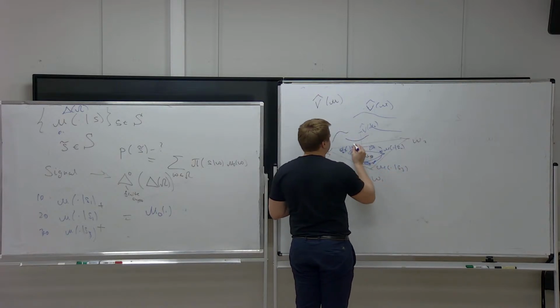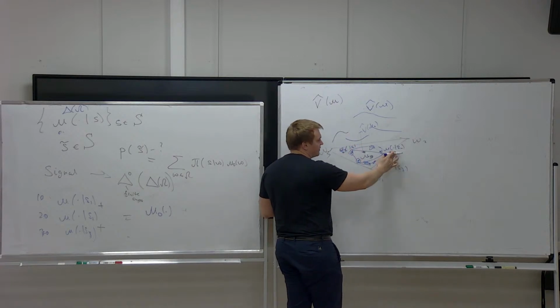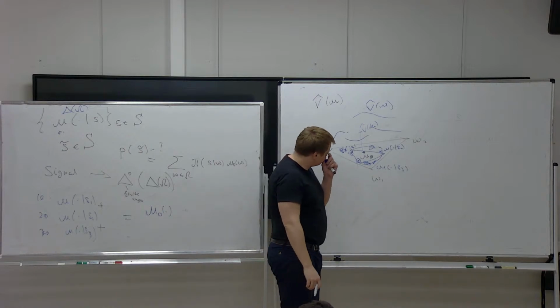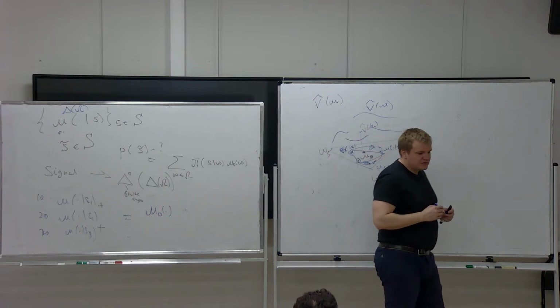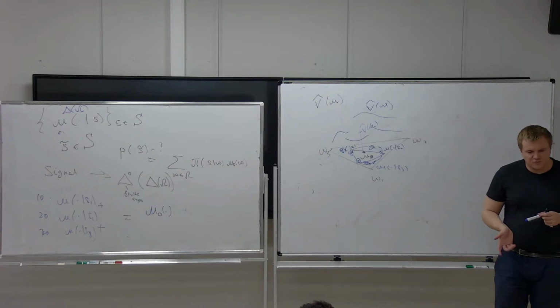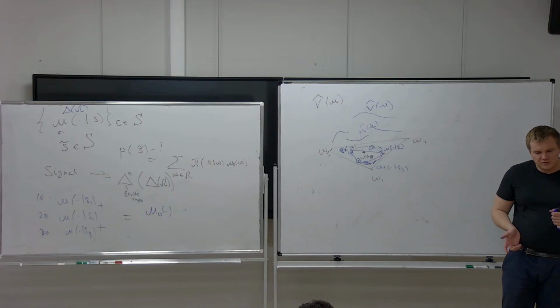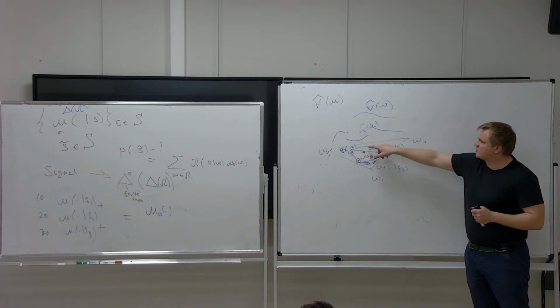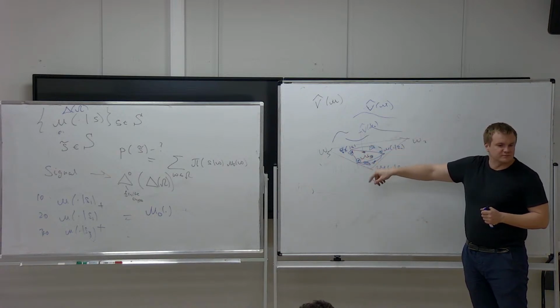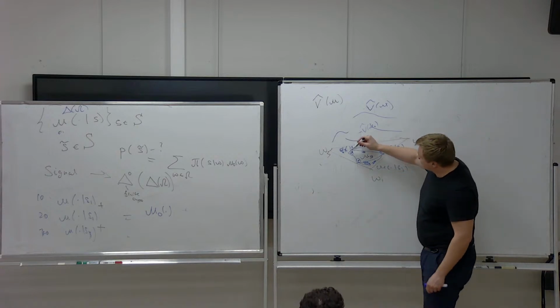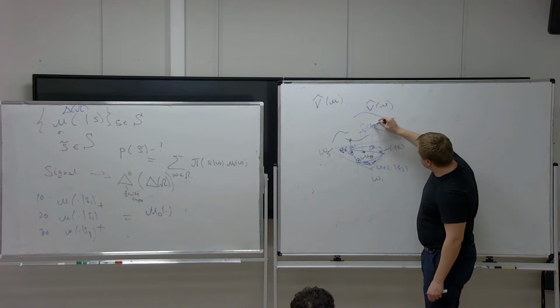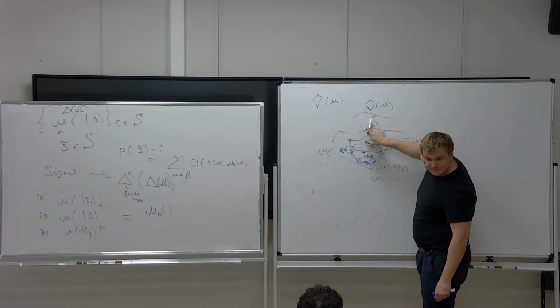And this happens with probabilities 10%, 10%, 10%, 20%, and 70%. So what's the value for the sender from playing this distribution instead of mu0? In that case, he'll get this one. In that case, he'll get that. In that case, he'll get that instead of this one.